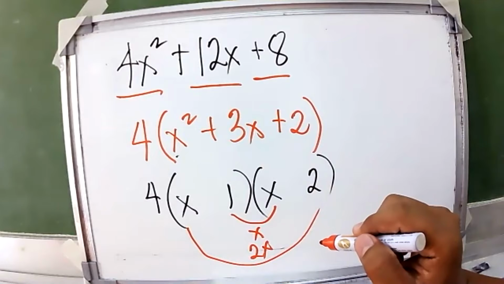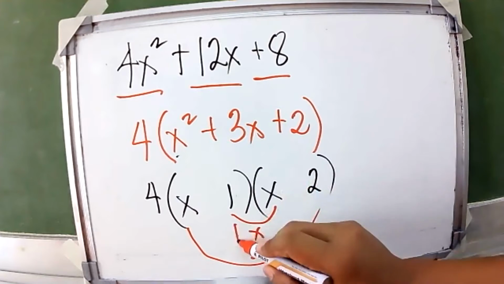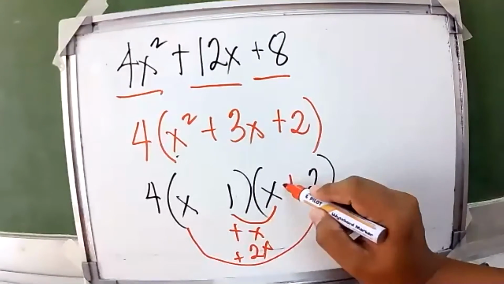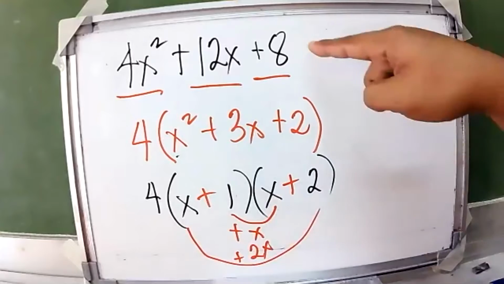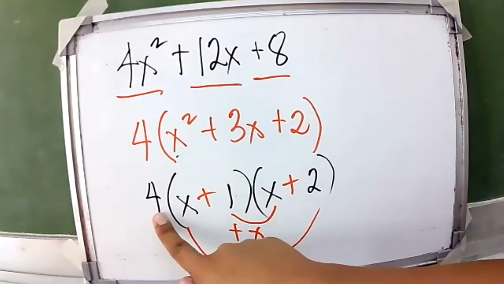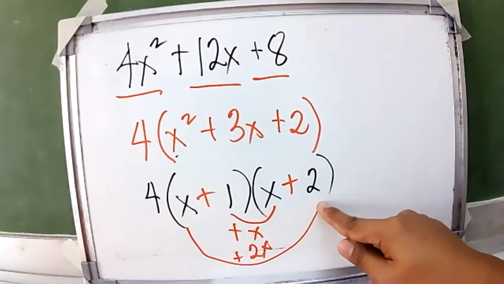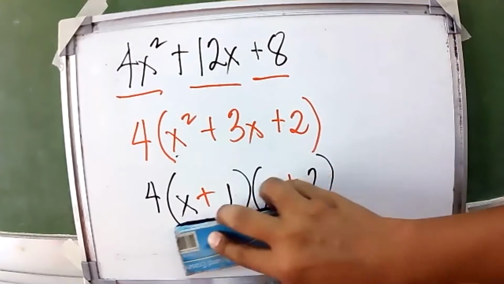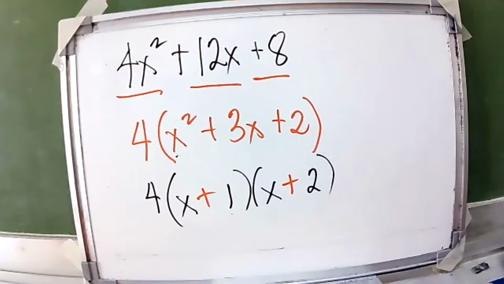Both of them should be positive. So this is positive and this is positive. And so this is now the factored form of this given: 4 times the quantity x plus 1 times the quantity x plus 2. So that is the complete factor of this given.